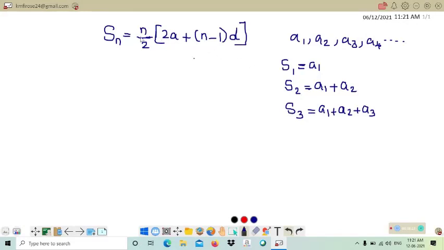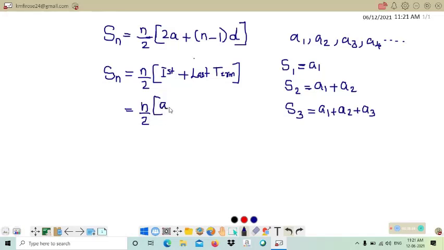So in the same way we can find Sn. The general equation to find Sn is n by 2 into 2a plus (n minus 1) into d. Now suppose we have the first term and the last term, we can use this equation: Sn is equal to n by 2 into (first term plus last term). Generally you can write n by 2 into (a plus l), where the last term we can take as l or an.